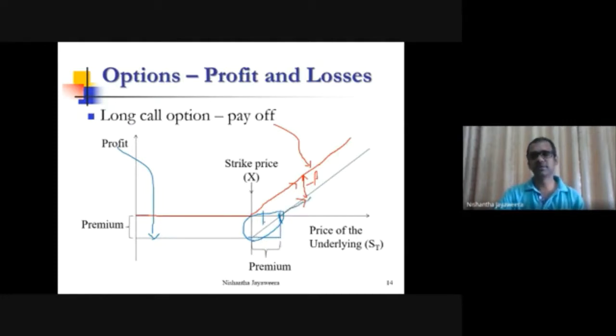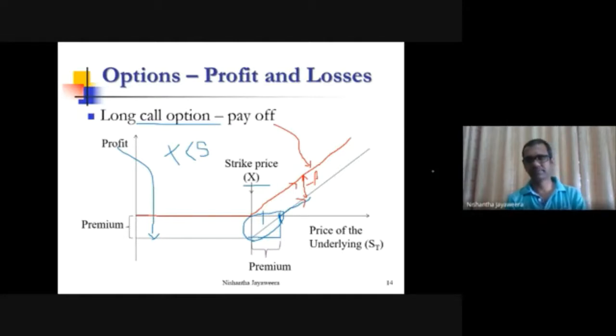So even if you make a loss between the strike and the break even, you will minimize your loss. Therefore, whether you make a profit or loss doesn't matter in deciding whether to exercise your right. The decision is based on the relationship between strike price and the spot price. Whenever the spot price is higher than the strike price, you should exercise your right for a call option.